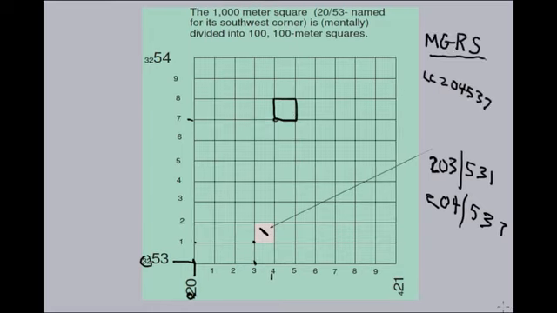The very last thing I want to look at here is the Military Grid Reference System, MGRS. The Military Grid is based on the UTM Grid with just a few changes.